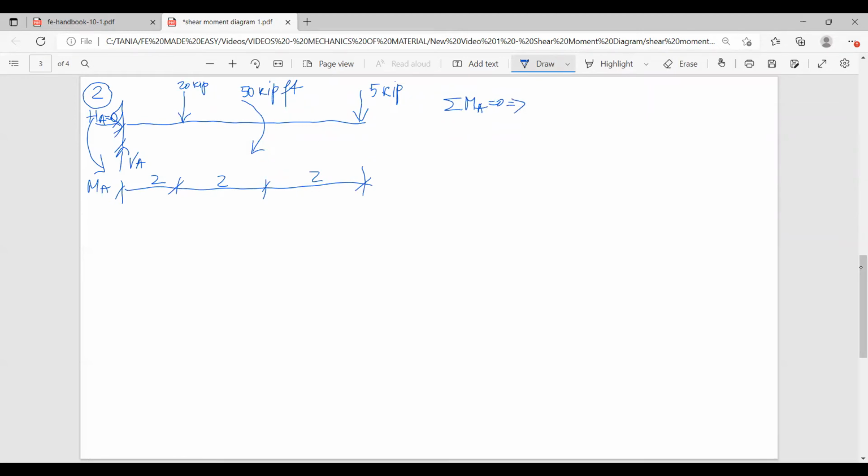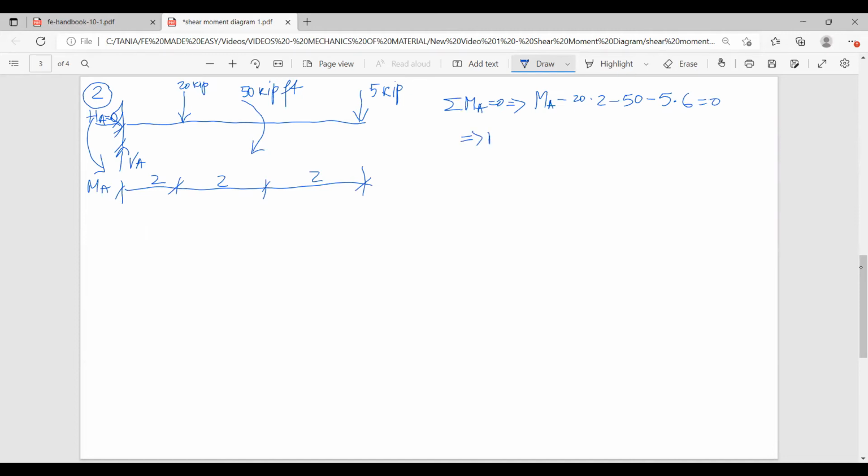Results, we have MA minus 20 kips times 2 minus 50 kips minus 5 kips times 6 equals 0.